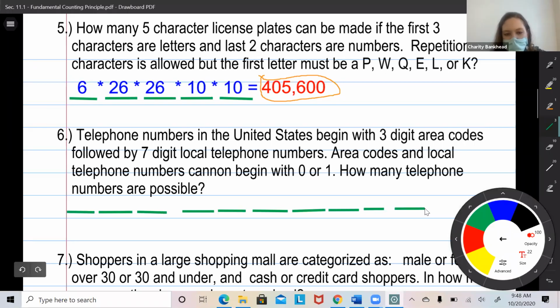All right, so the area code can't have a 0 or a 1. So if you take everything 0 through 9, that's 10 options. But if you take away 2 of those, that leaves you with 8 options. So there's 8 options for the first digit of the area code, and there's 8 options for the first digit of the phone number. Everything else has 10 options.